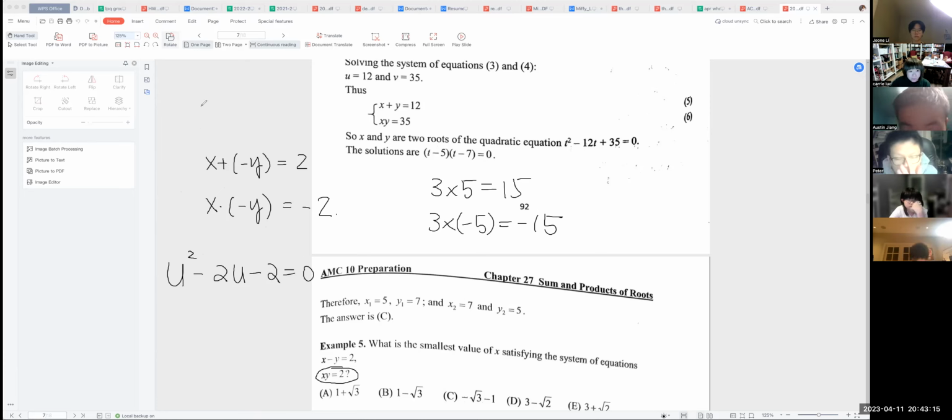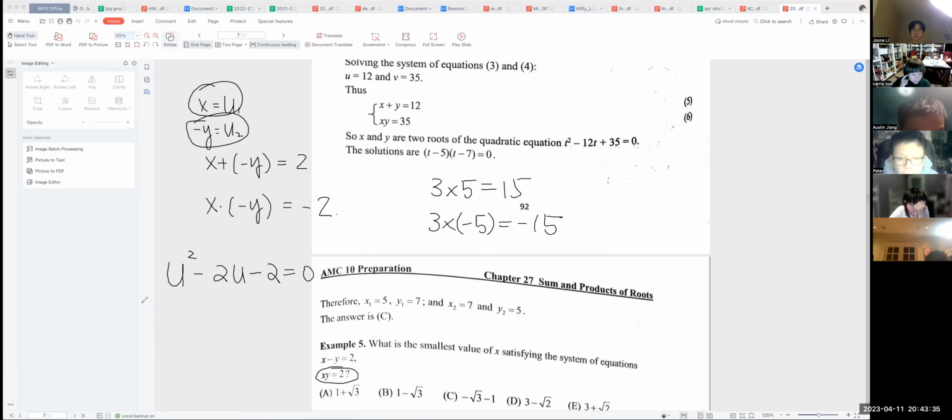Okay. So now I just do u squared minus 2u minus 2 equals 0. I make x equals u1 and negative y equals u2. Okay, I make a new equation, u squared minus 2u minus 2 equals 0.